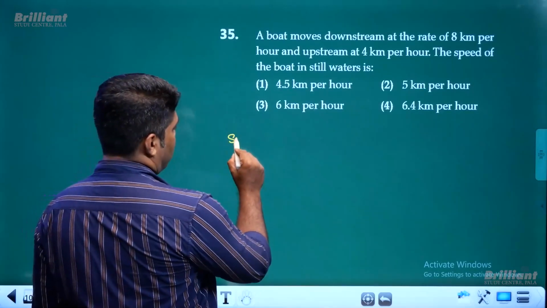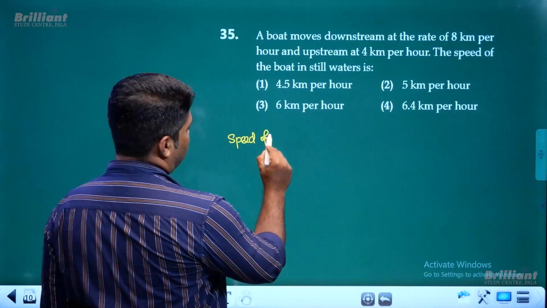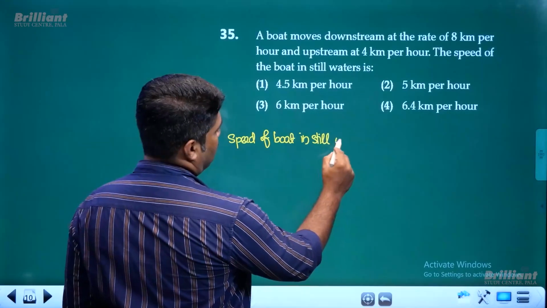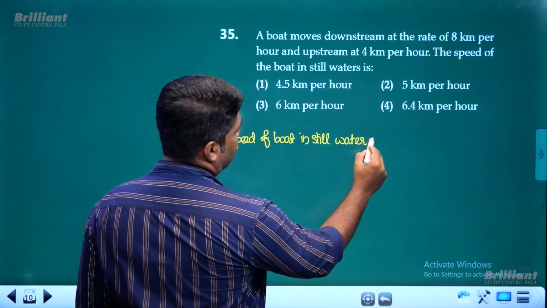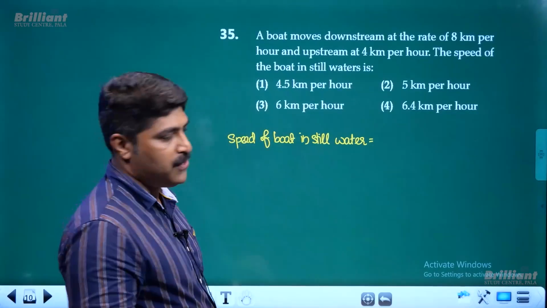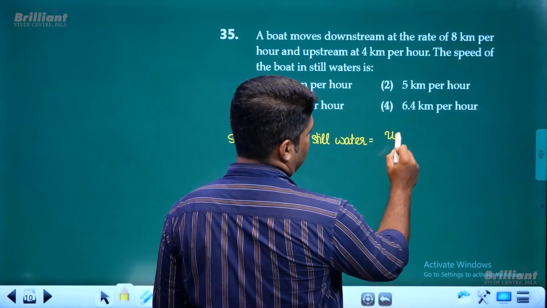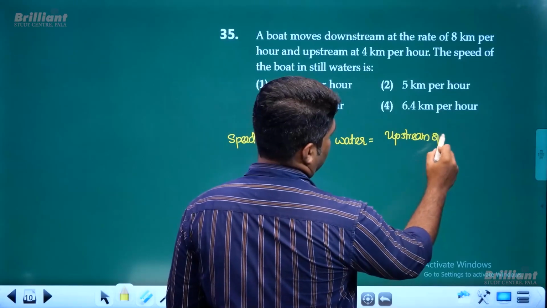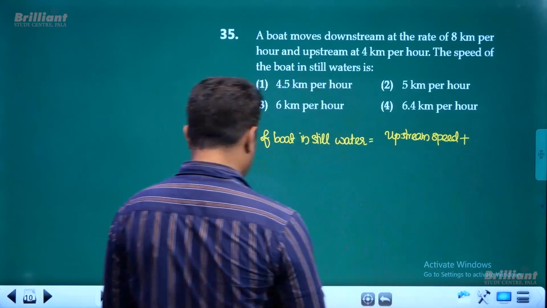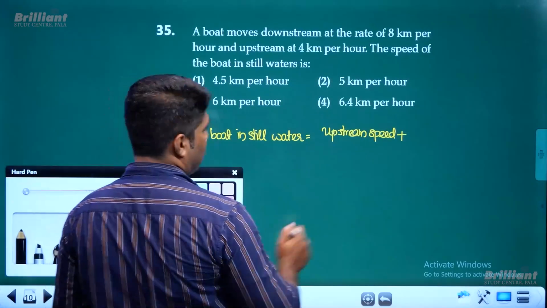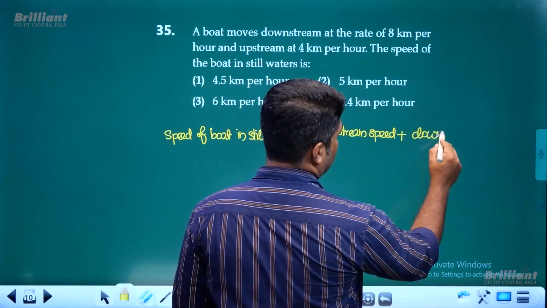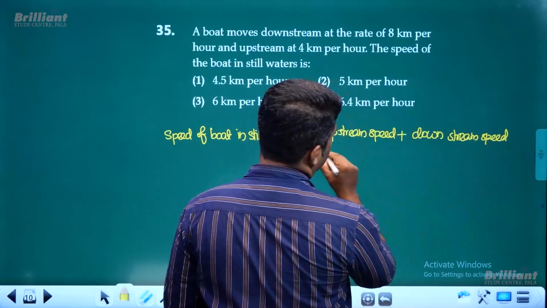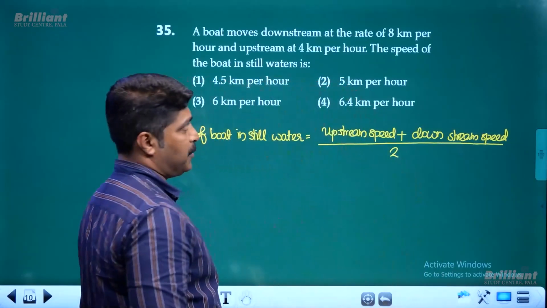Speed of boat in still water is basically the average of these two speeds, that is upstream speed plus downstream speed, divided by 2. So that's a direct application.